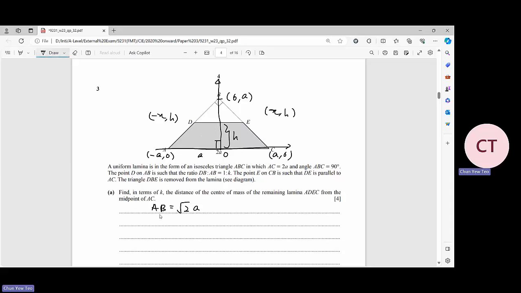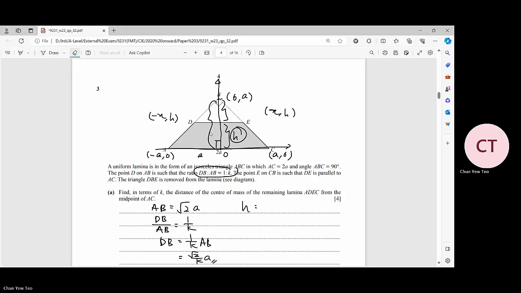Then we have the information here, DB divided by AB equals 1 over K. Then DB is equal to 1 over K times AB. That means DB will be square root 2 over K times A. So that is the value of DB. And the height h is equal to the height A minus this height, then you will get h.